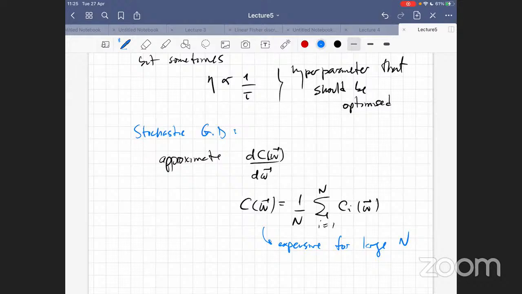So what the stochastic descent does is to say that this derivative, which would involve differentiating all the terms, will be approximated by the derivative of a random point.